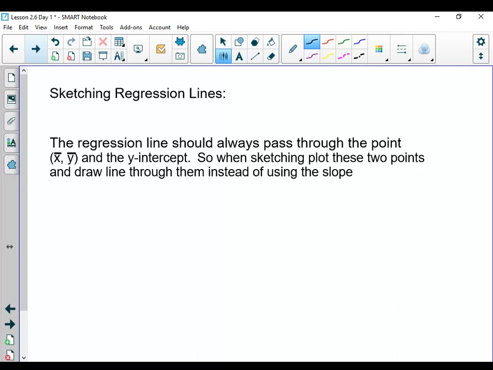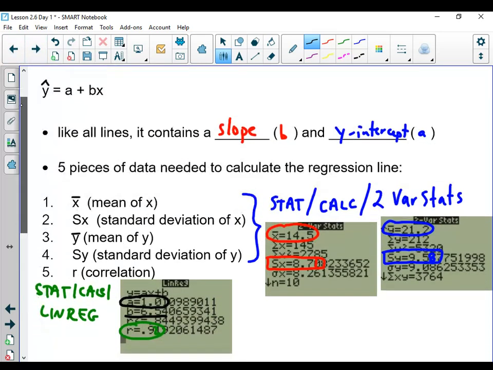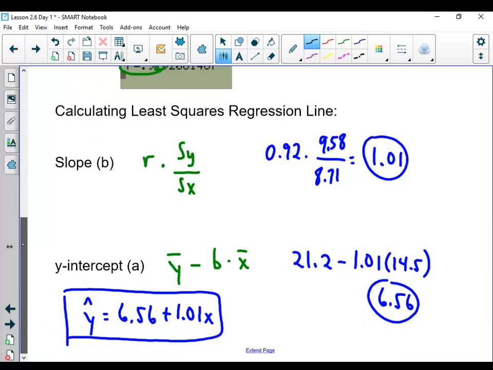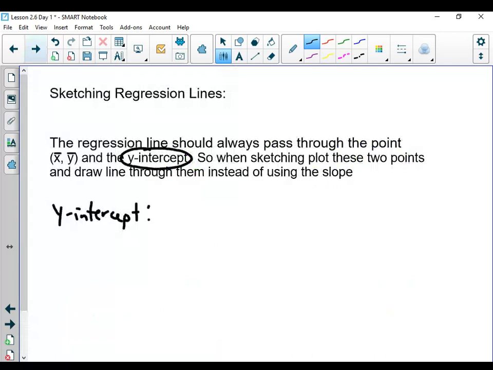One of those points is the y-intercept. For the equation we just came up with, which part of that would be the y-intercept? The 6.56 or the 1.01? 6.56.